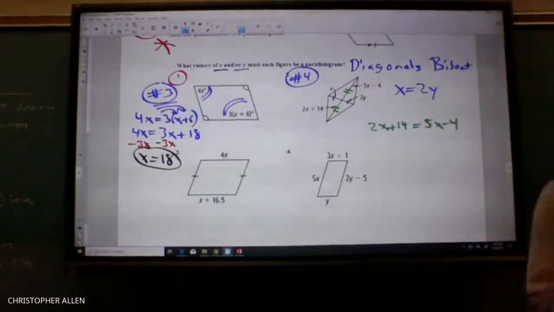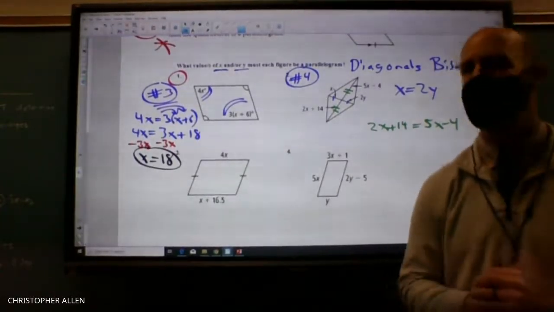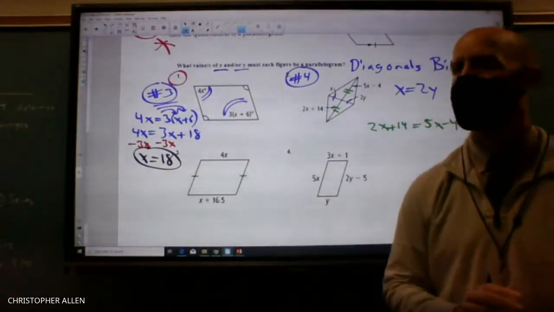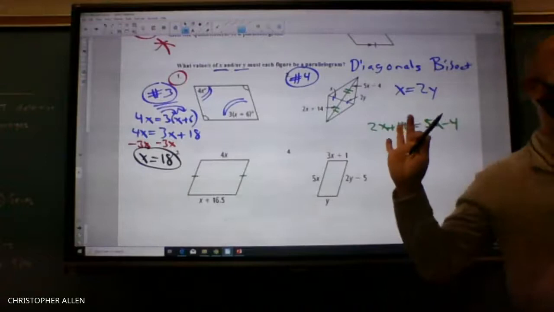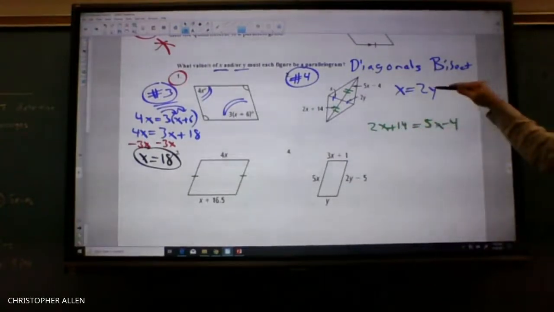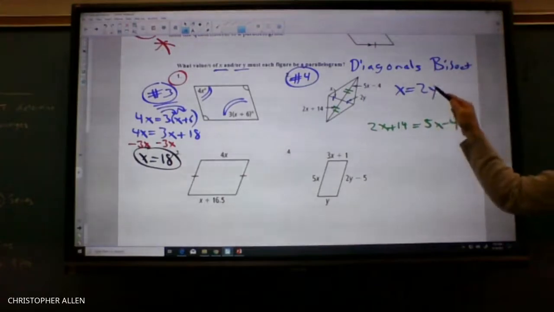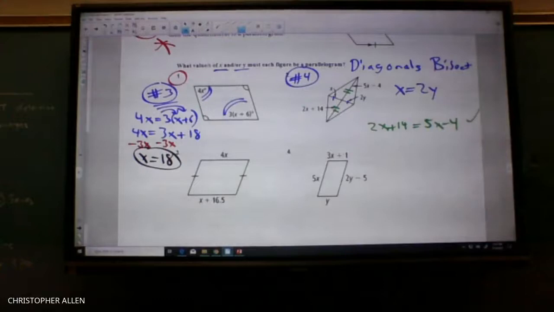Can anyone help him out? Why do we want to do equation 2 first? Ishmael? It's easier because we have all the information. Yeah, there's only one variable. Did you notice up here in equation 1, how many variables are there? 2. And since there's 2, there's actually infinitely many ordered pairs that we could put in there. So this is the one we're going to solve first.